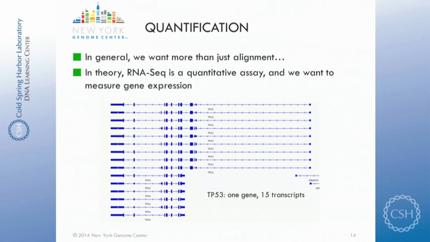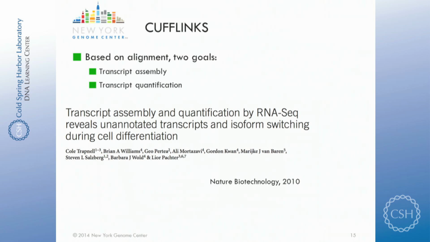Is that okay? So the tool that goes with TopHat, and that again is very, very widely used, is called Cufflinks. You can see the theme here. Based on the alignment, it will try two things.